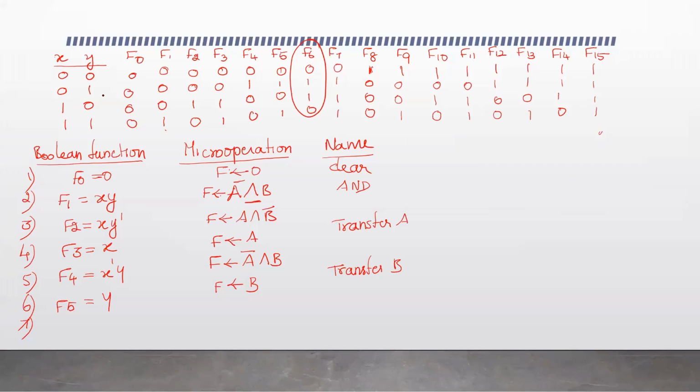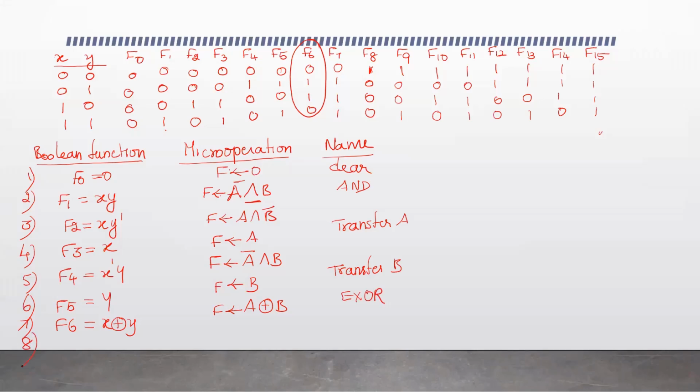What is the operation performed here? XOR, madam. Correct, XOR. So F6 is X exclusive OR Y. And we write it here as F is A exclusive OR B. The operation performed is XOR.